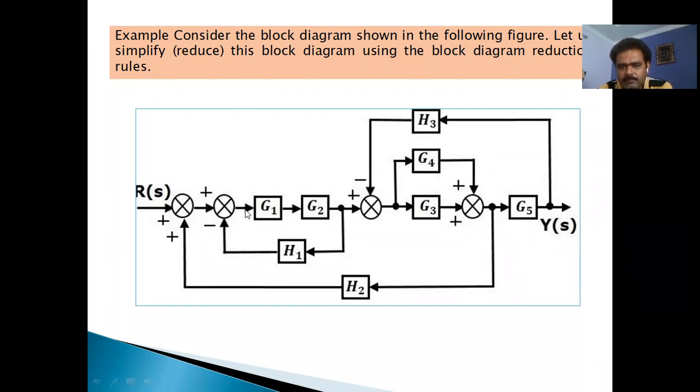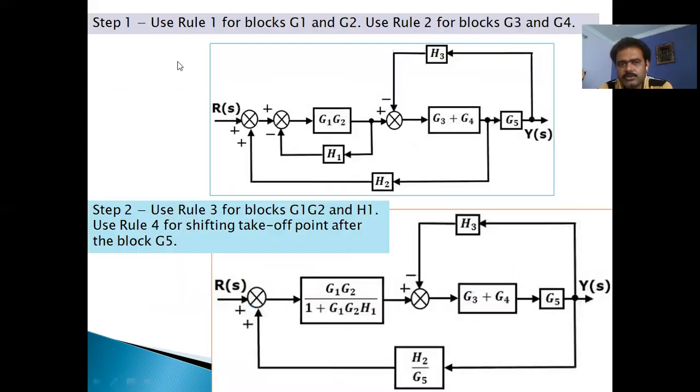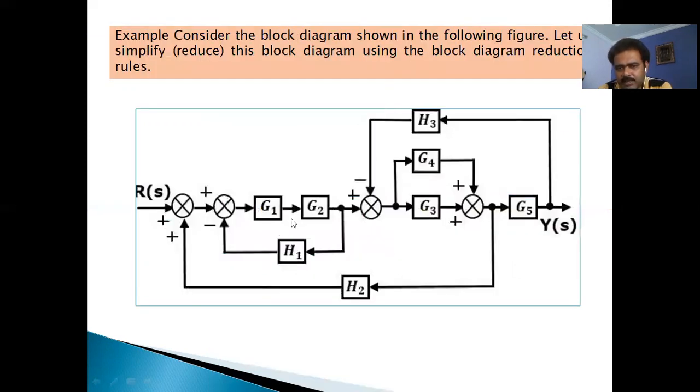For that, the first rule is merging series connected blocks or cascade connected blocks. That is G1 into G2. That we have to write first. So here, rule number 1 we have applied, reducing the blocks G1 into G2. And rule number 2: again in the same way we can reduce, these two are connected.